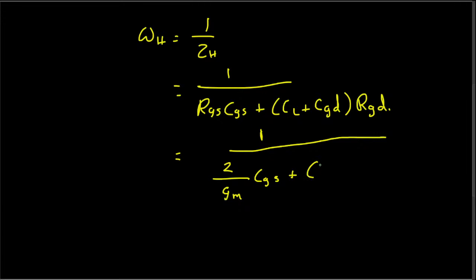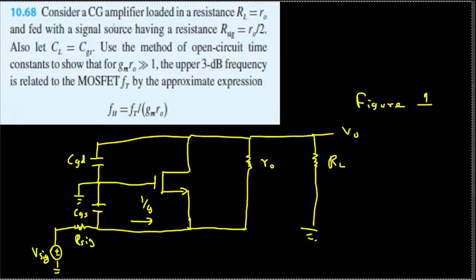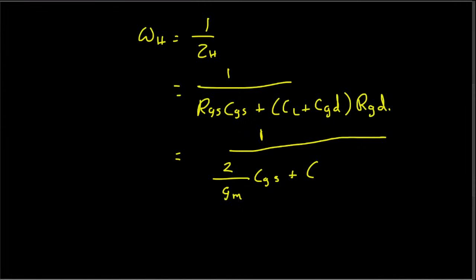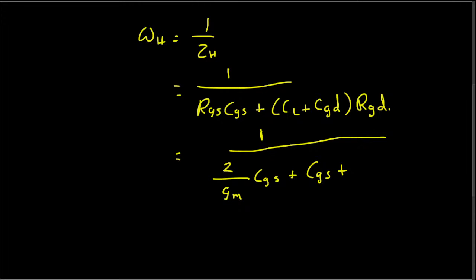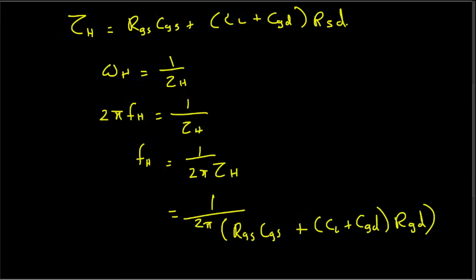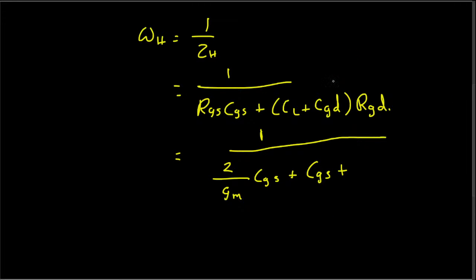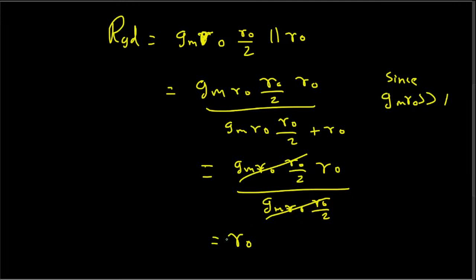plus, instead of cl we can put cgs, because the question mentions cl is equal to cgs. So instead of cl we put cgs right here, cgd we keep as it is, and rgd is the one we found out to be ro.